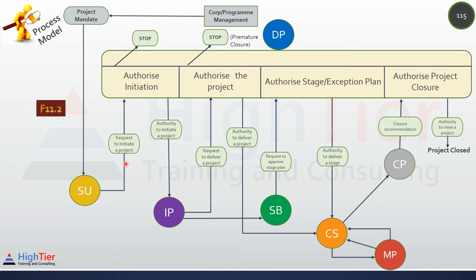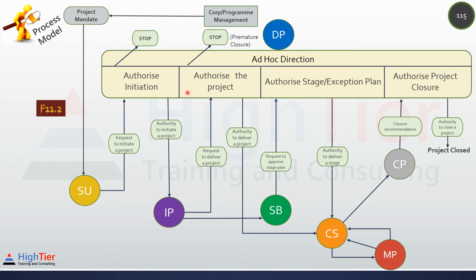The project board also gives ad hoc direction. As and when required, the project board can ask you to do something different or close the project prematurely. As and when required, the project manager can go to the project board for advice. For a project manager to move from one process to the next process, the project manager should send a request to the project board, and the project board should give authority to proceed.